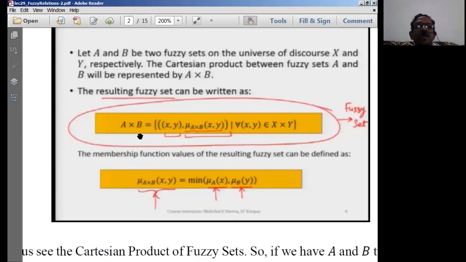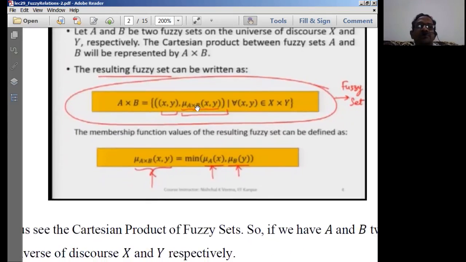So therefore this A cross B, I can write for fuzzy sets, when A and B are fuzzy sets, as the ordered pair x comma y, comma the membership function of A cross B for the ordered pair x y, we can write like this.